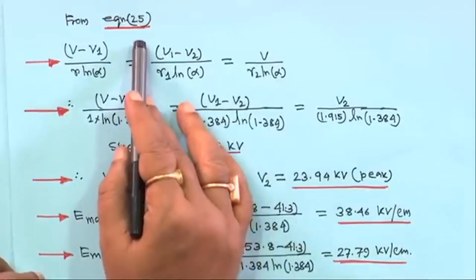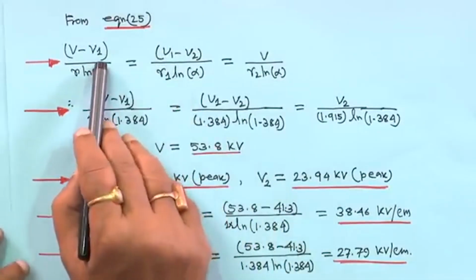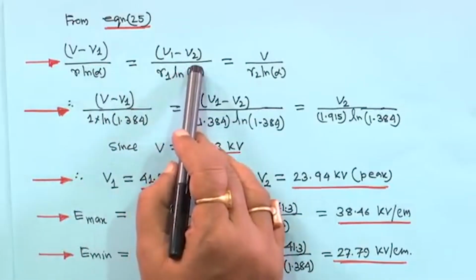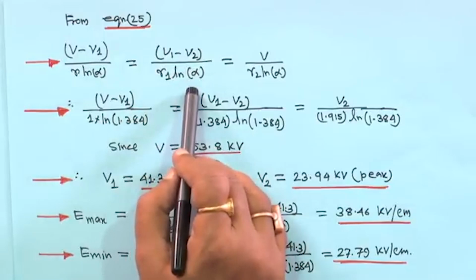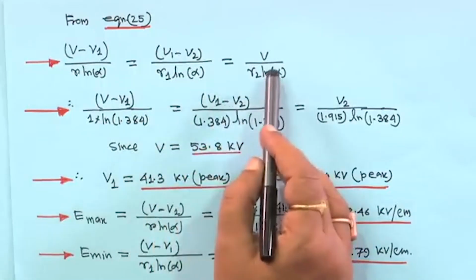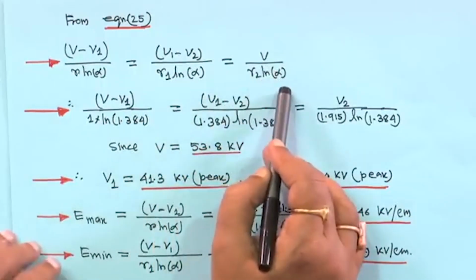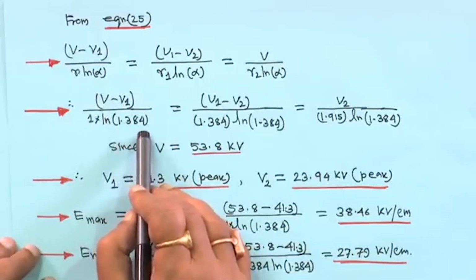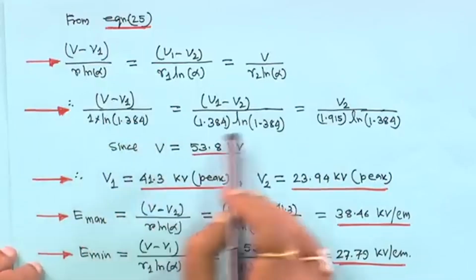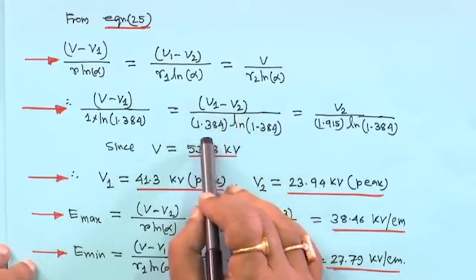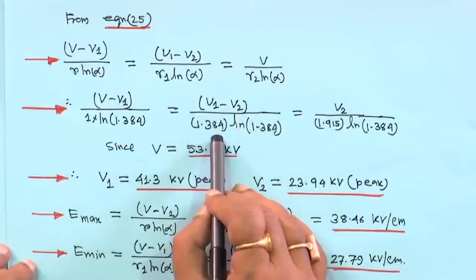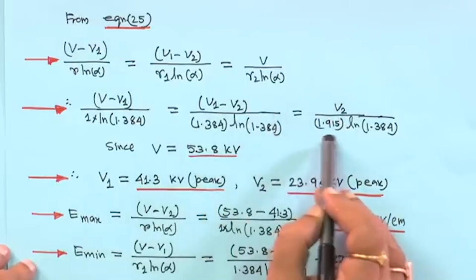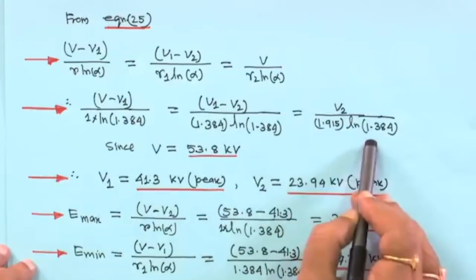So, therefore, from equation 25, this equation: (V minus V1) upon r ln alpha is equal to (V1 minus V2) divided by r1 ln alpha is equal to V2 upon r2 ln alpha. So, (V minus V1), r is 1, into ln 1.384, is equal to (V1 minus V2), r1 is 1.384, ln 1.384, is equal to V2 upon r2, 1.915, ln 1.384.